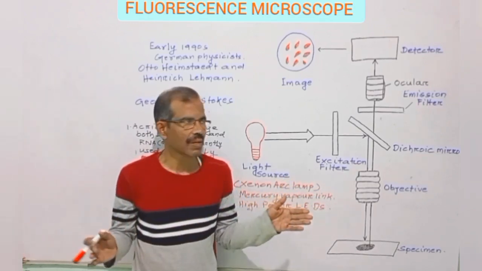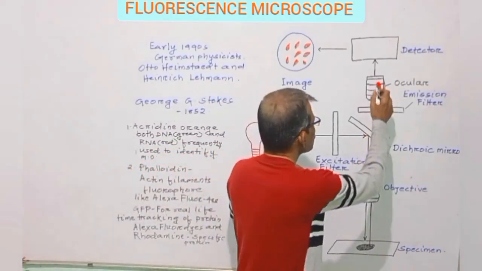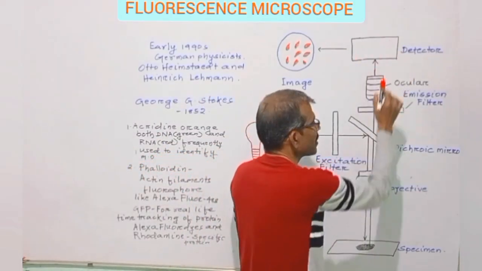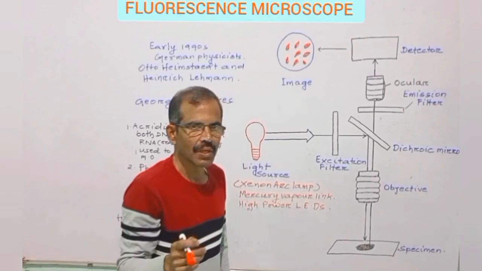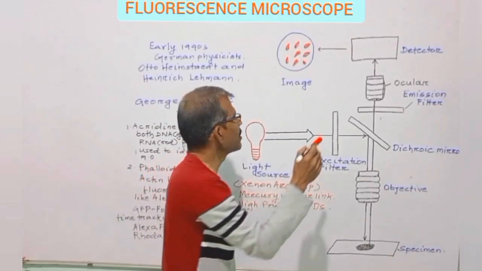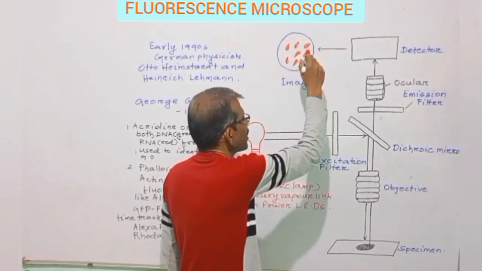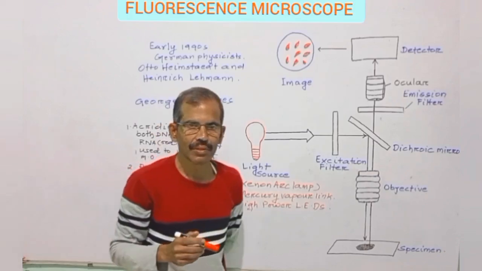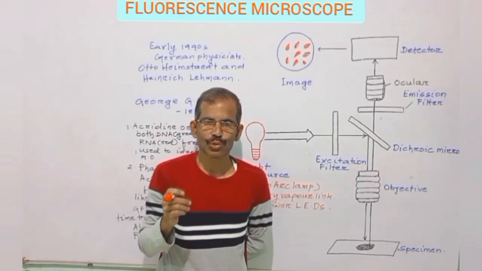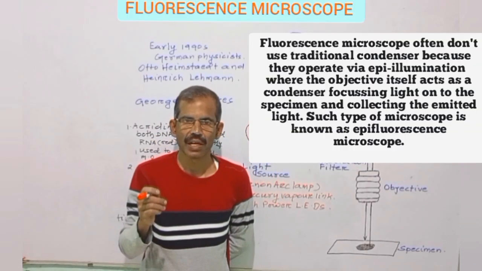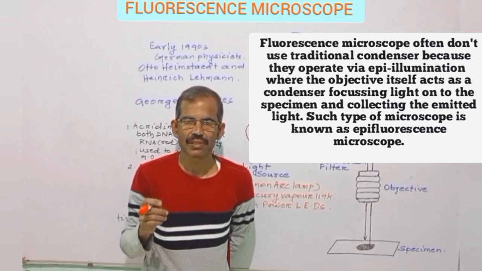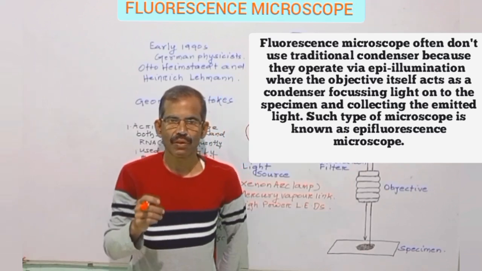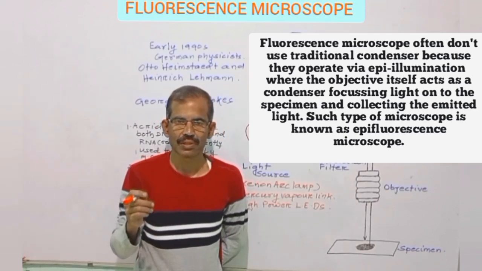The long wavelength light is then captured by the eyepiece and the detector, which forms a high contrast magnified image against a dark background. Fluorescence microscopes often do not have a traditional condenser because they function via epi-illumination.